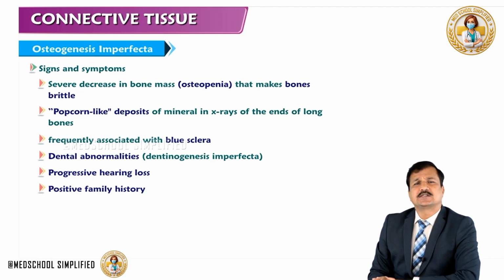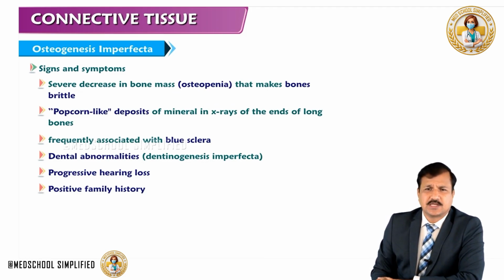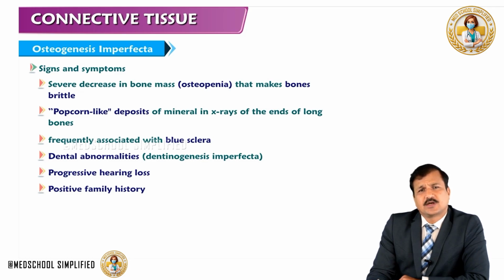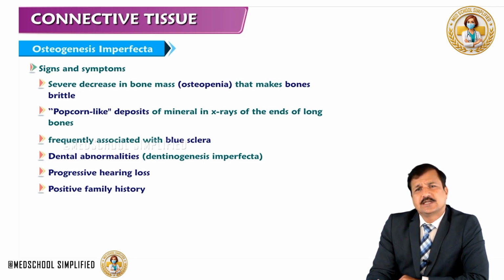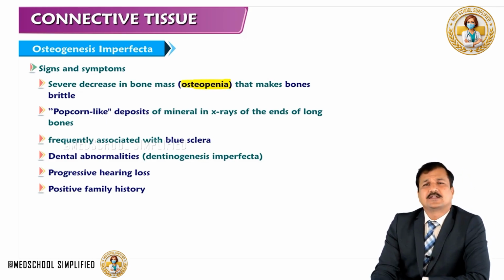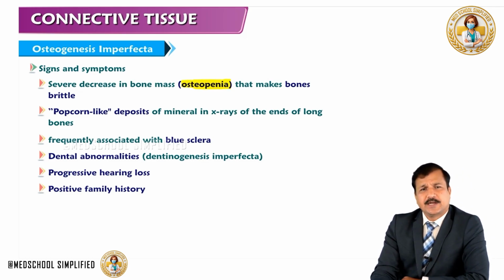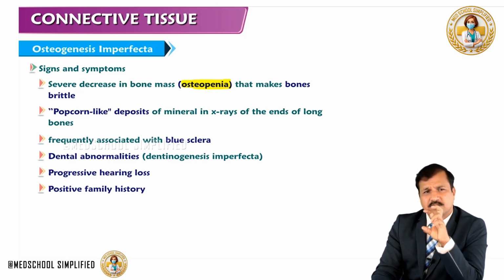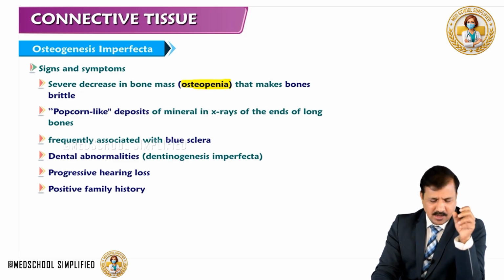Coming to signs and symptoms of osteogenesis imperfecta. The central feature is a severe decrease in bone mass, which is referred to as osteopenia, and this makes bones brittle due to alterations in the interaction between collagen fibrils and hydroxyapatite crystals that form bone.